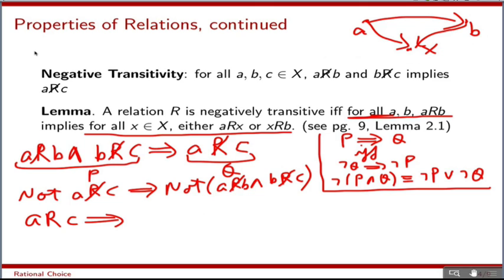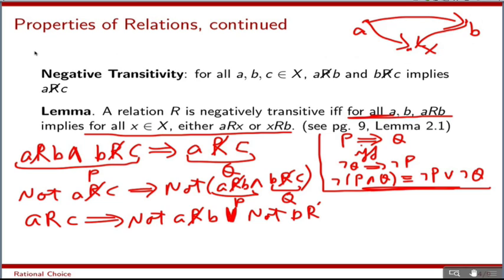And now we use the second property, which is called De Morgan's law. If it's not the case that P and Q is true, that's equivalent to saying it's not the case that A is not related to B, or, this upside down V here stands for or, it's not the case that B is not related to C. So this simply reduces.